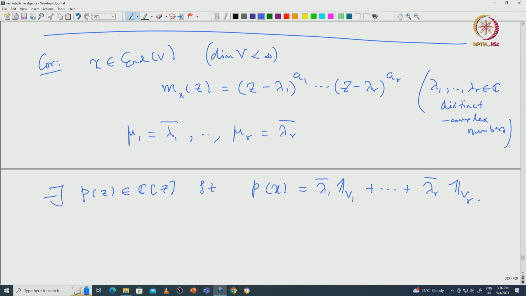So the operator λ_1 bar times identity on V_1 plus etcetera λ_r bar times identity on V_r is going to be equal to this P(x). So there exists a polynomial such that not only the diagonal operator λ_1 etcetera λ_r is given as a polynomial in x, even this λ_1 bar identity on V_1 plus etcetera λ_r bar identity on V_r is also given as a polynomial in x.